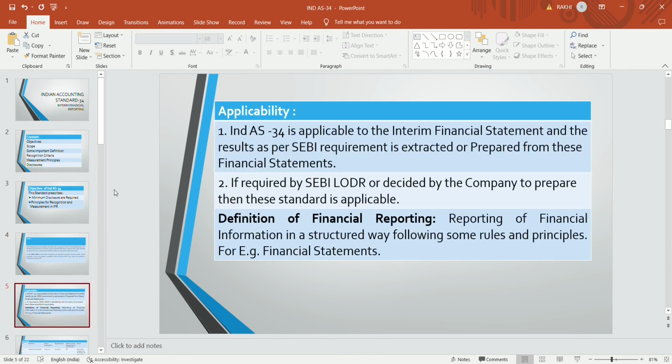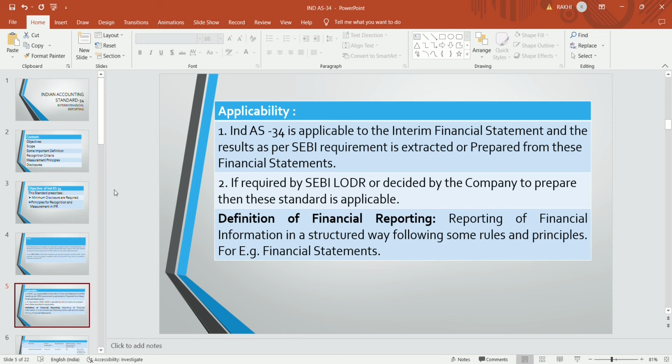Applicability. To whom is this standard applicable? Ind AS 34 is applicable to the interim financial statements and the results as per SEBI requirement, because the results under the SEBI requirement are prepared or extracted from these interim financial statements.